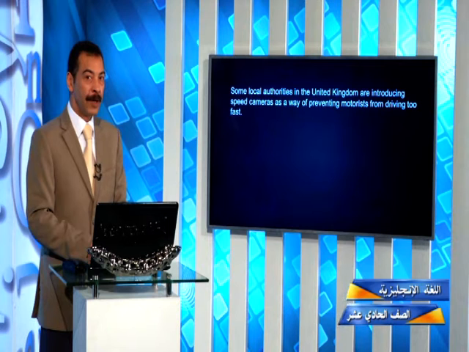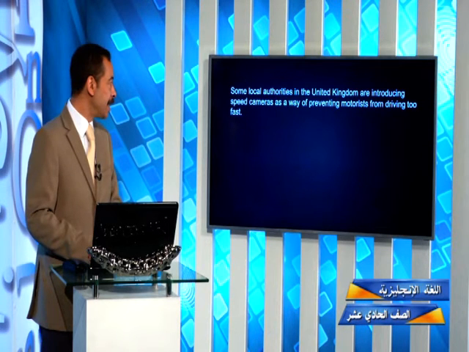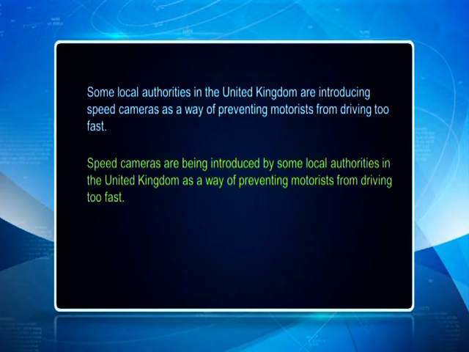Have you managed to do it? Okay, let's see. Speed cameras are being introduced by some local authorities in the United Kingdom as a way of preventing motorists from driving too fast. Okay? Is it easy now? With more practice, things will become easier and clearer.